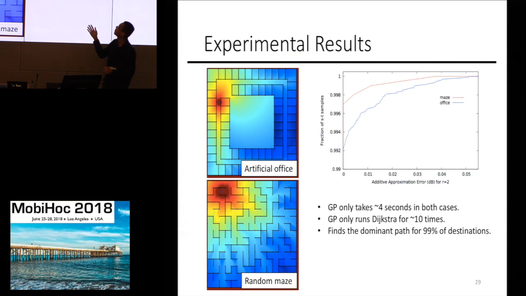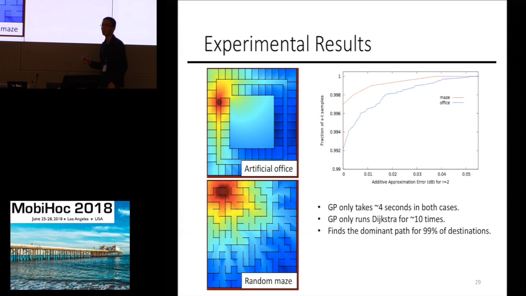First of all, I'm going to show you that our algorithm is able to generate these two high-resolution heat maps very fast. Our geometric progression algorithm only takes about 4 to 10 seconds in both cases, and it runs Dijkstra's algorithm for only 10 times.